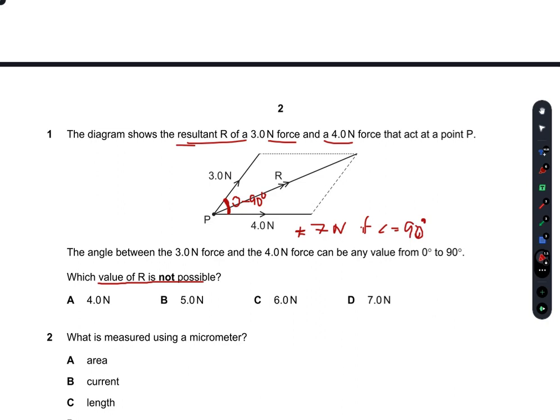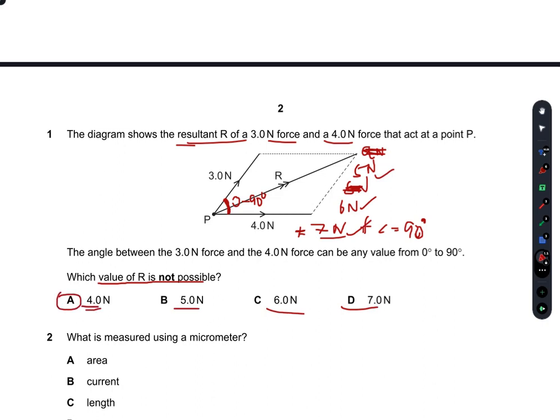So it should be like 6 Newton, 8 Newton, 5 Newton, 9 Newton, like this. 9 Newton and 8 Newton are incorrect. 5 Newton, 6 Newton and 7 Newton can be the possible resultant forces for this. So only 4 Newton is the left option.